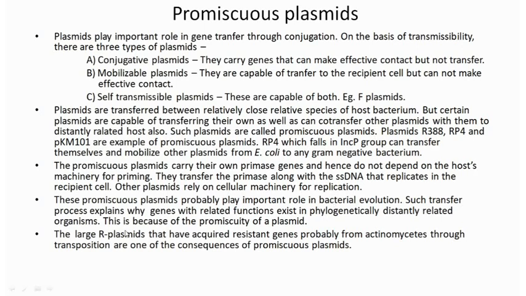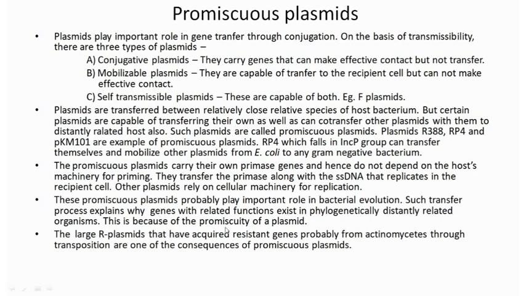Because they transfer genes from a very unrelated bacterium to another unrelated one. So that's why characters change, or in certain cases we find similarities because of this reason. Because of that, genes with related functions and similar characters exist in phylogenetically distantly related organisms.